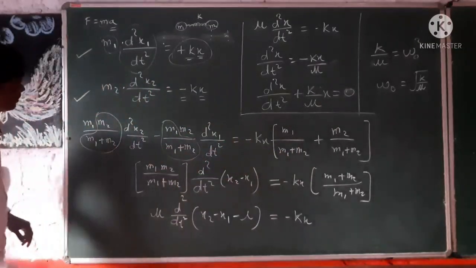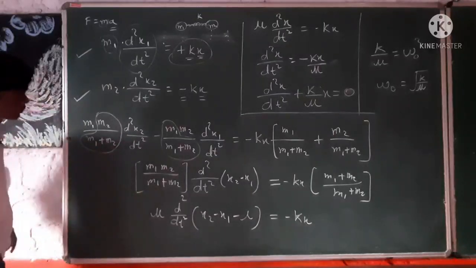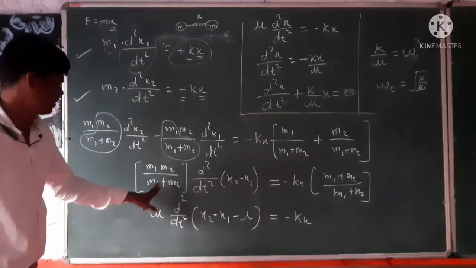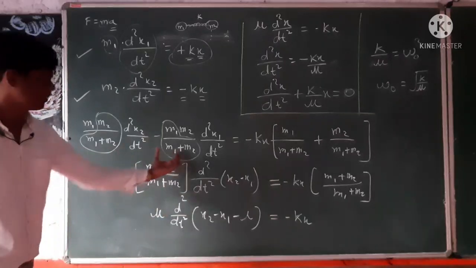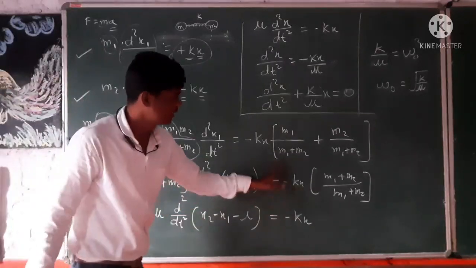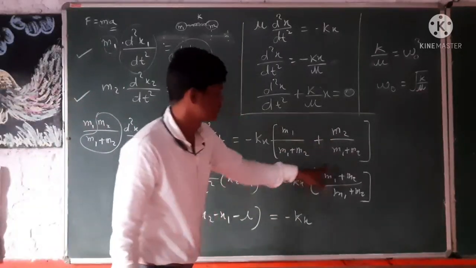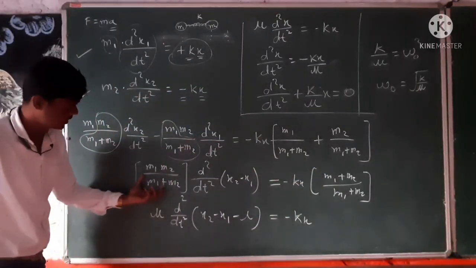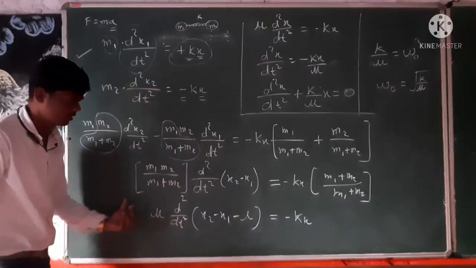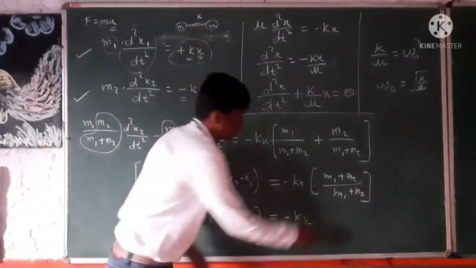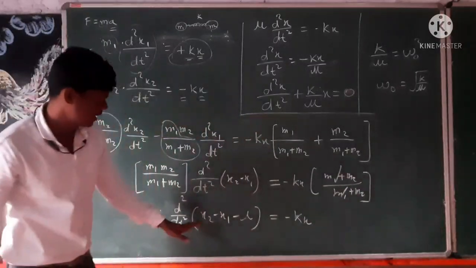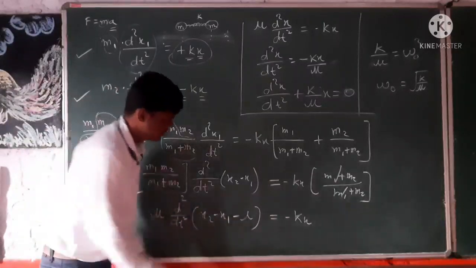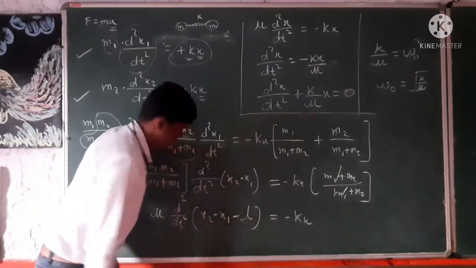Now if we solve these two, we will get m1 m2 over m1 plus m2. Taking common outside, and here we just add these two because the denominator is same. Now here this m1 m2 over m1 plus m2 we can take as a reduced mass mu. Here this cancels out, and here the minus L, why did we add the minus L?